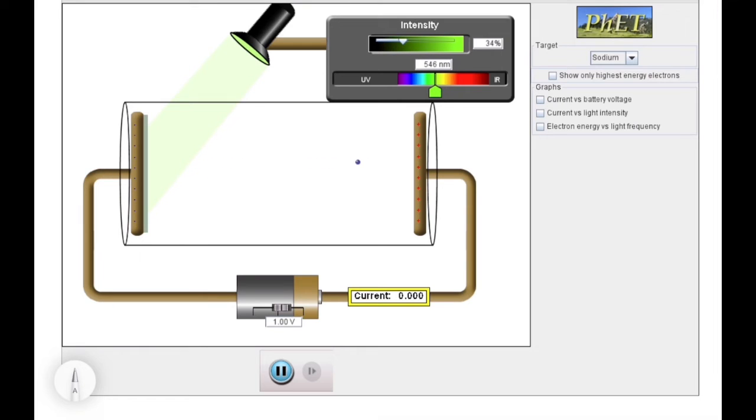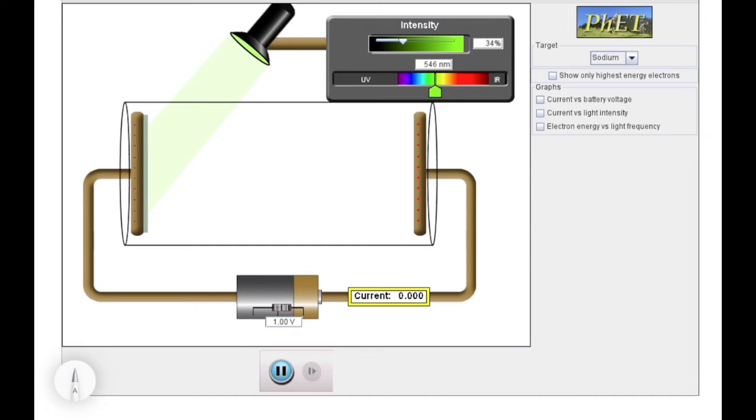So the minimum frequency required to emit an electron is what we call the threshold frequency. At a certain point of frequency, there is no electron emitted. That level we call the threshold frequency.